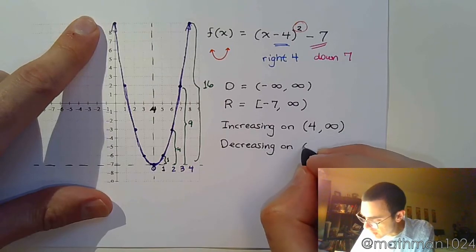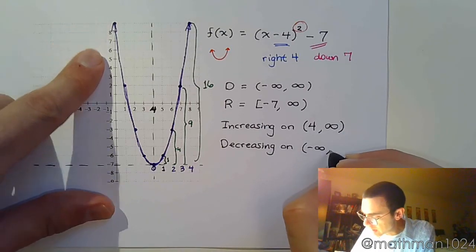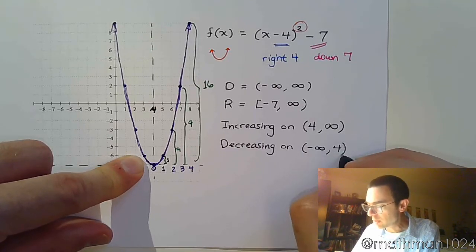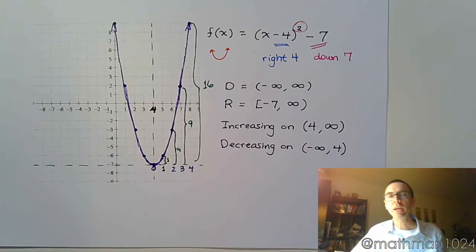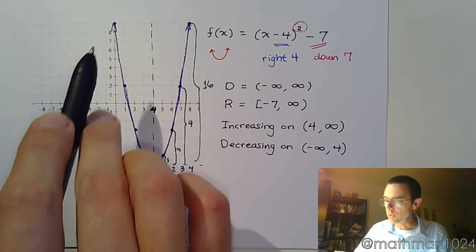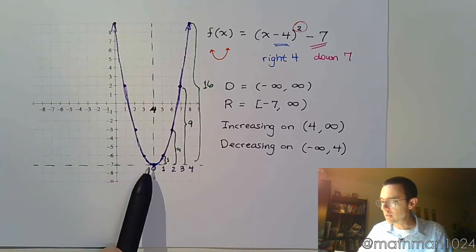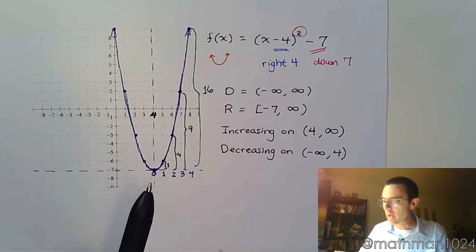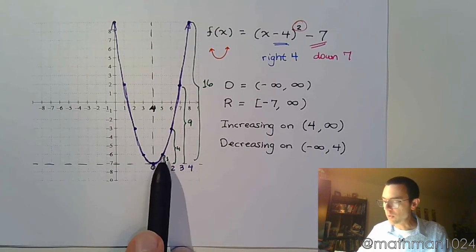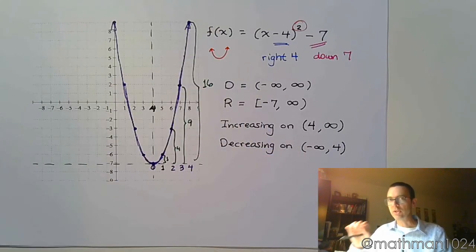So you're decreasing from negative infinity up to an x value of 4. Again, when we're talking about increasing and decreasing, we're talking about intervals of your domain. Okay, so you're decreasing from negative infinity to an x value of 4, and then you start to increase again just on the other side of 4, from 4 to infinity. Again, as you go from left to right.